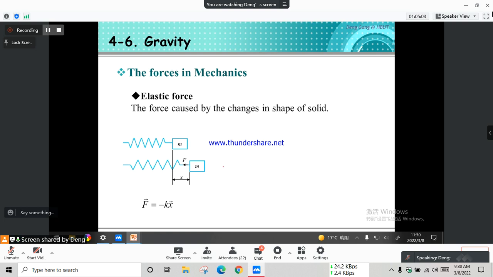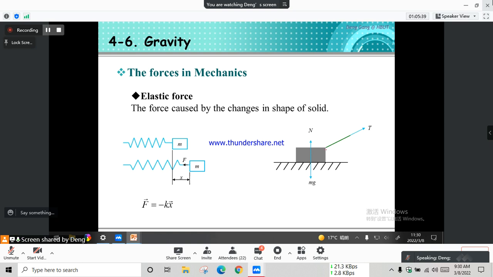So this is one kind of elastic force, the force caused by the change in the shape of a solid. When you change the shape of this spring, it wants to go back to its original position. So the force appears because of this. And the elastic force is not only the force in the spring, but also like this.